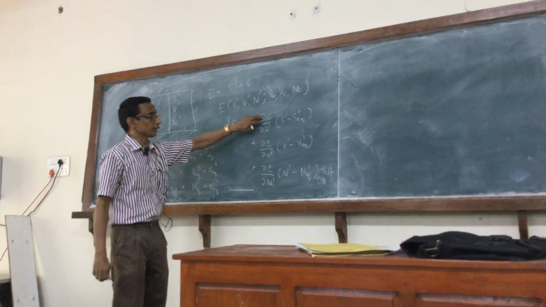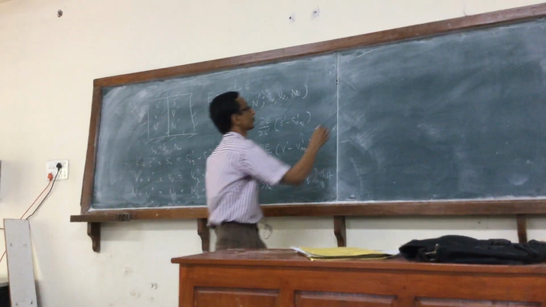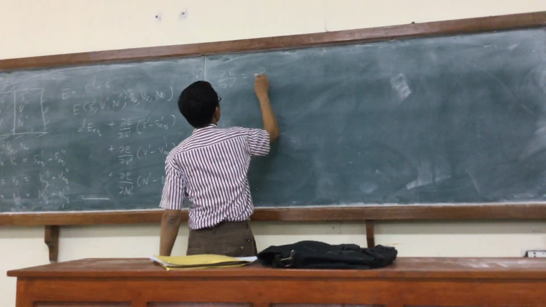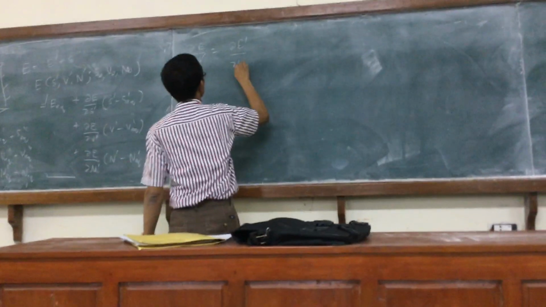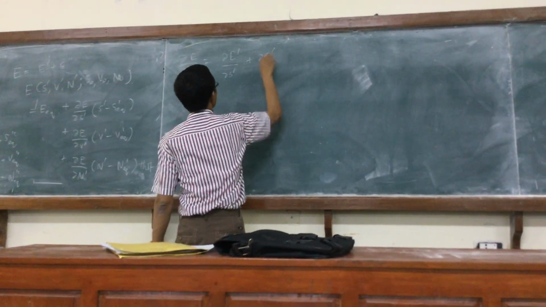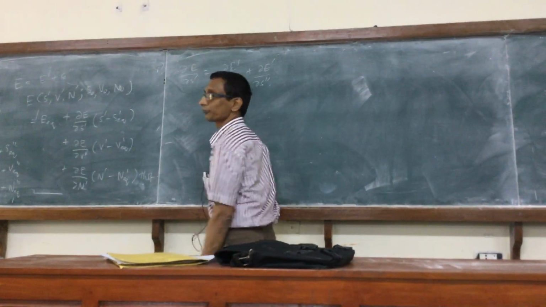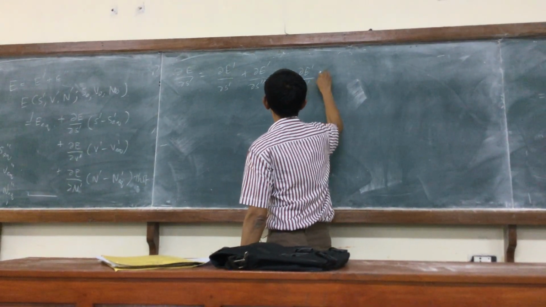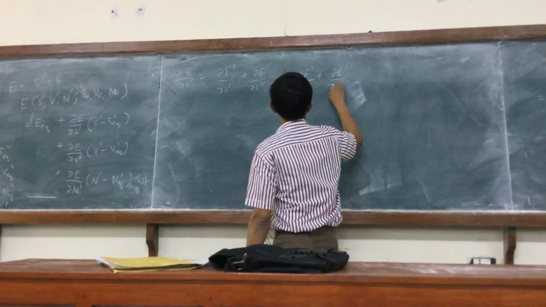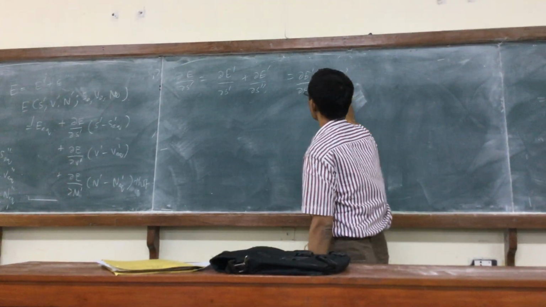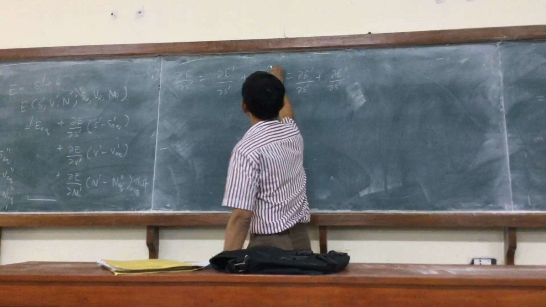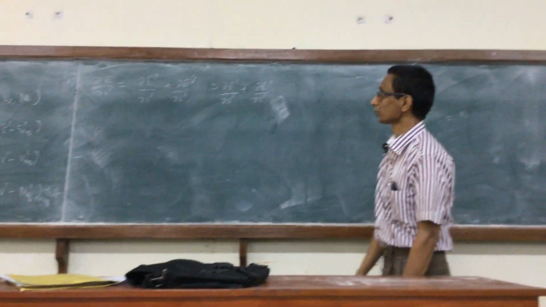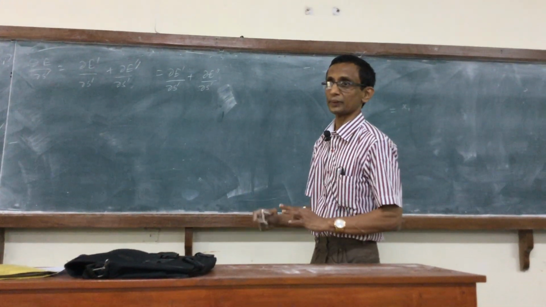But then I look at this. dE by dS prime can be written as dE prime by dS prime plus dE double prime by dS prime, since E is E prime plus E double prime.